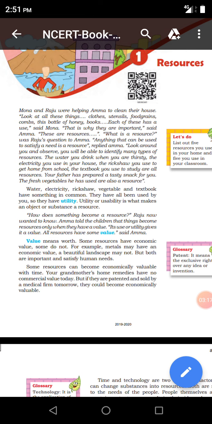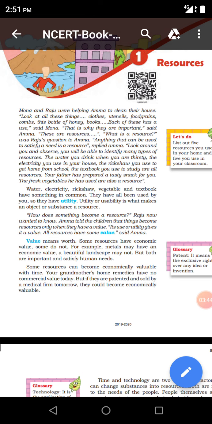Now, number one, the resource. What is a resource? Anything that has some utility to satisfy our needs is known as a resource. Human beings are an important resource.